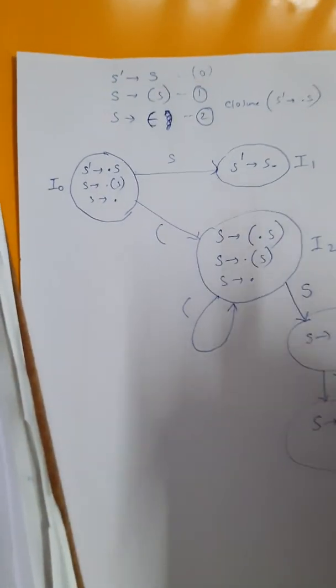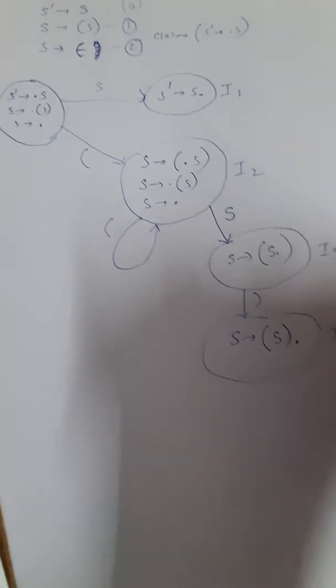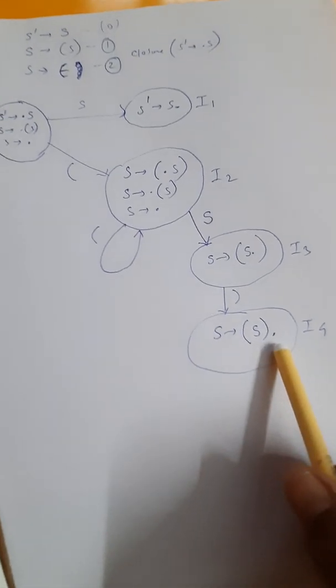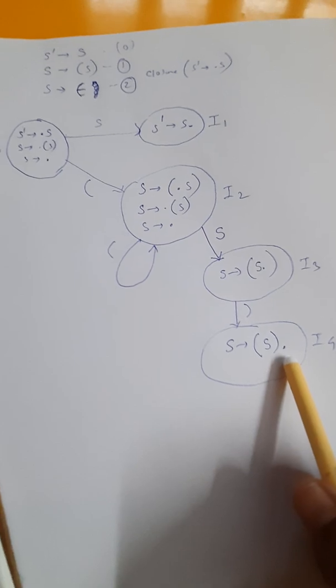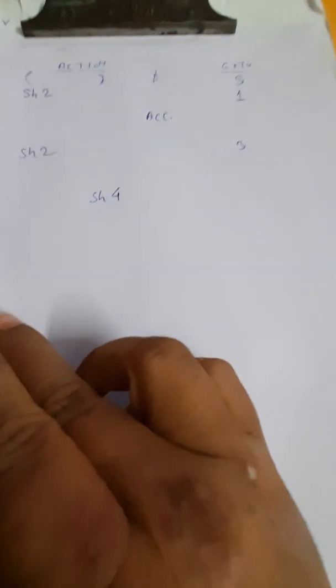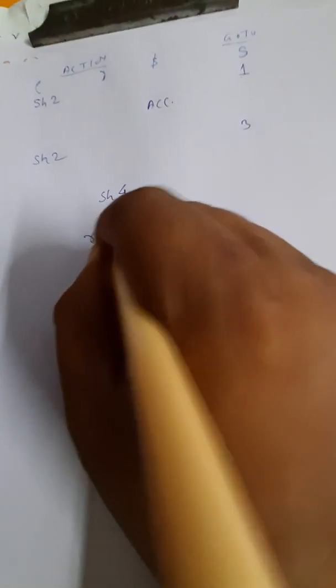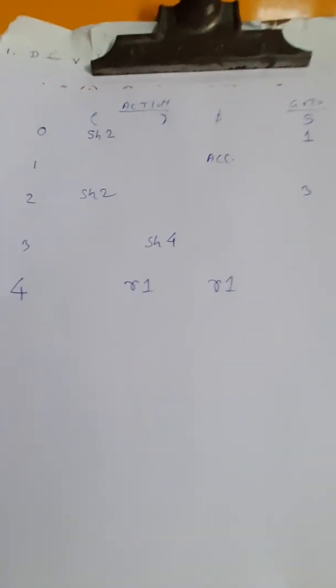So we will search where rule 1 followed by dot is there, means S produces open brace S close brace dot. If we look, we will find that it's in 4. So in the fourth row, in which column? The columns are the follow set of S, the left hand side of the rule. So closing brace and dollar, we will write reduce by rule 1.